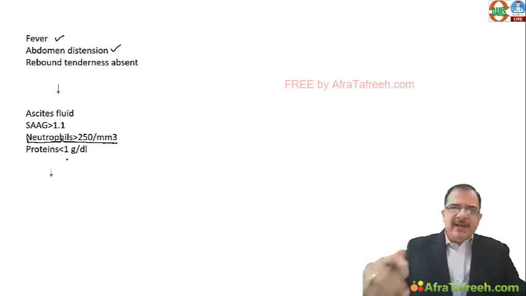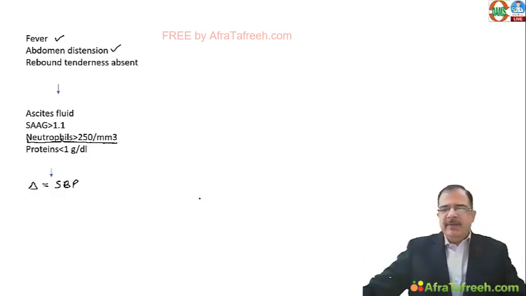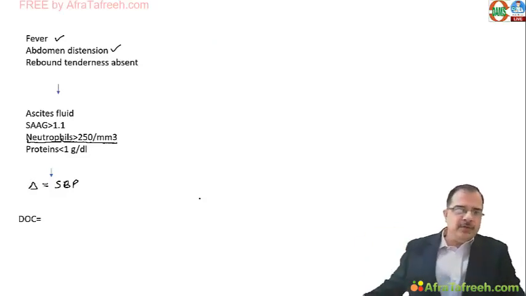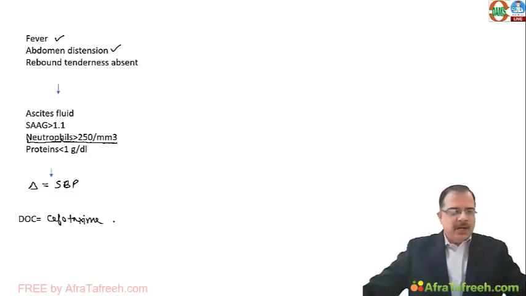So we will make a diagnosis of spontaneous bacterial peritonitis. SBP will be our answer. Important complication. Now, what is the drug of choice for SBP? The drug of choice for SBP is the cephalosporin cefotaxime.